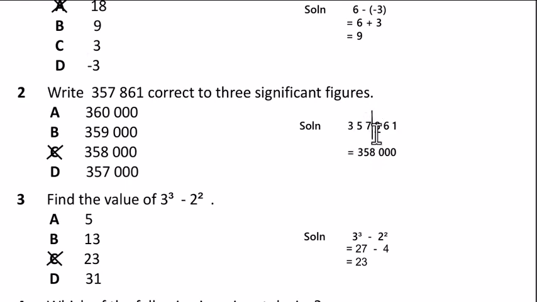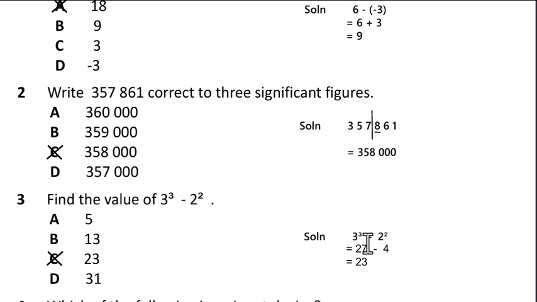Since the next number is greater than 5, we add 1 to 7, and 7 plus 1 we get 8. So we're going to have 358. Our answer in this particular case is just 358.